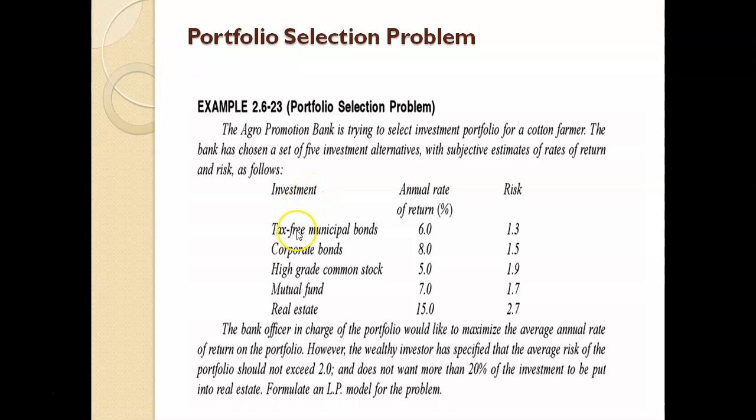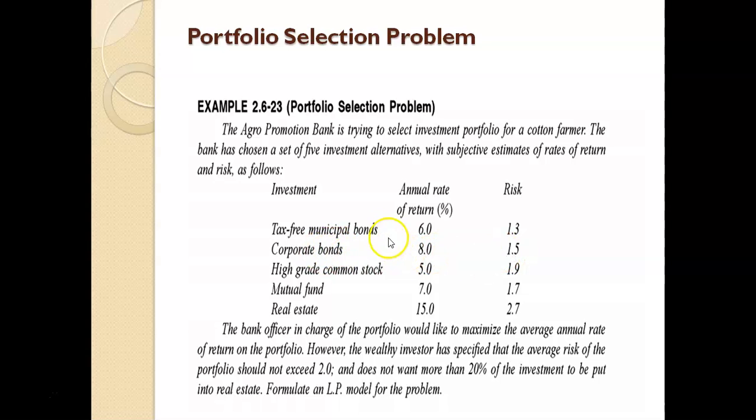Investment, there are 1, 2, 3, 4, 5 alternatives. Okay. If the investment is done in tax-free municipal bonds, then there will be a 6% rate of return and the risk factor would be 1.3.